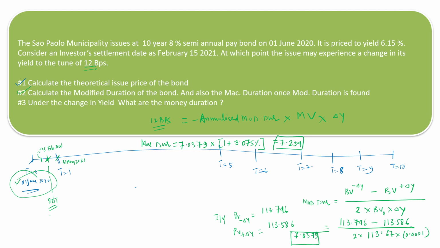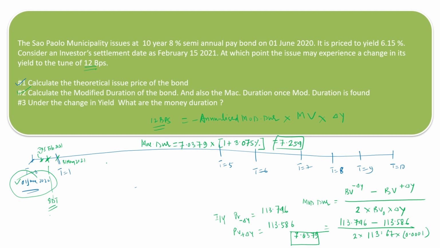Then from December 31, the second coupon will be made, because it's semi-annual. So first we have to find out, on the day nearest to 15 February 2021, or the last coupon date, what would have been the theoretical fair price of the bond.